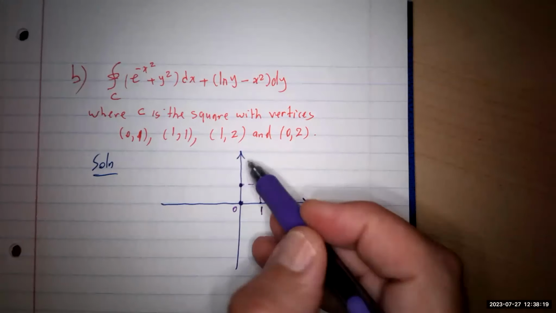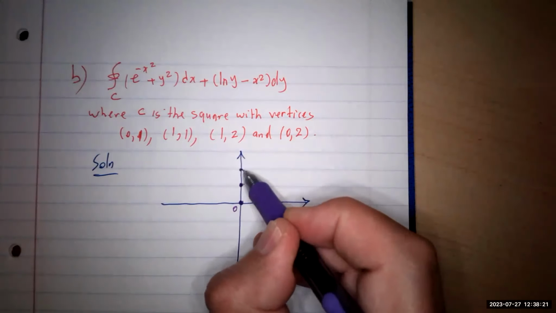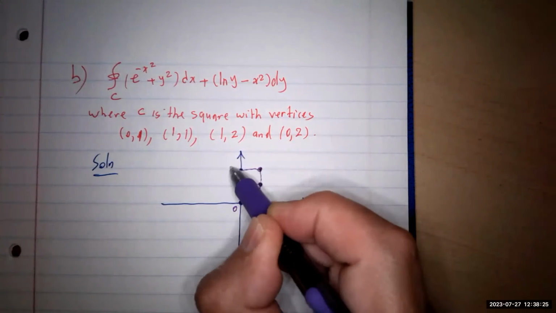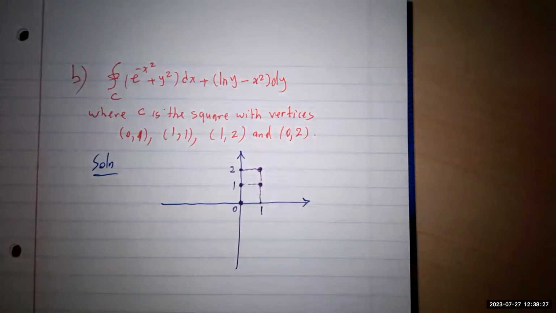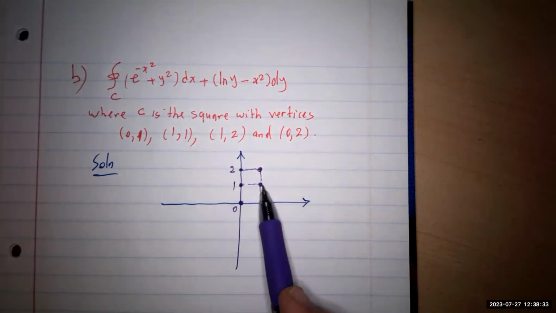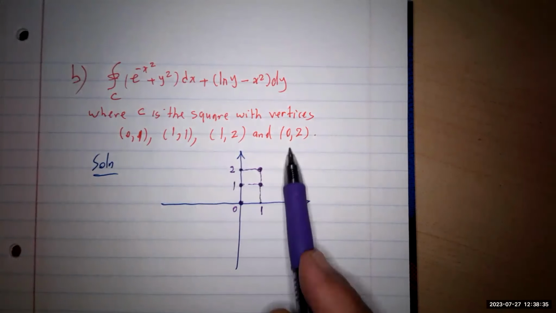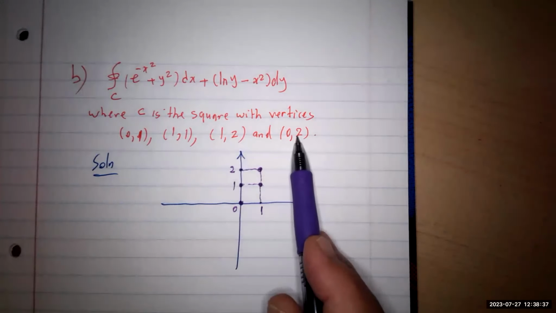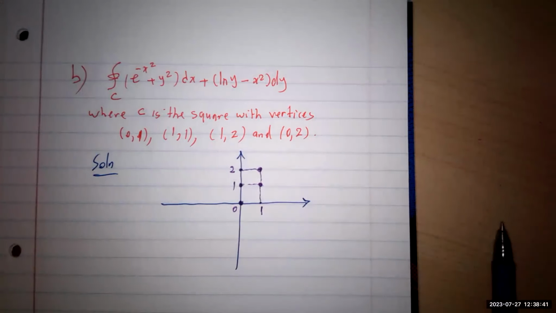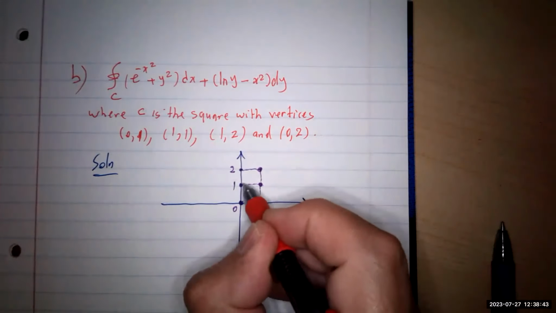That is 2. So that's it. This is the 1, 1, and this is going to be 1, 2, then we get back to the 0, 2. And this is 0, 2. Okay, so the square is this one.